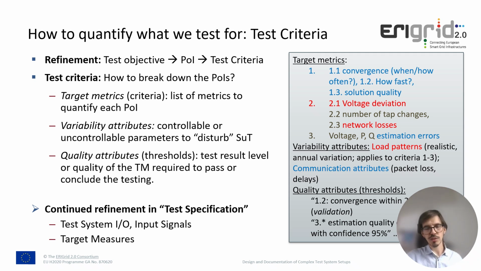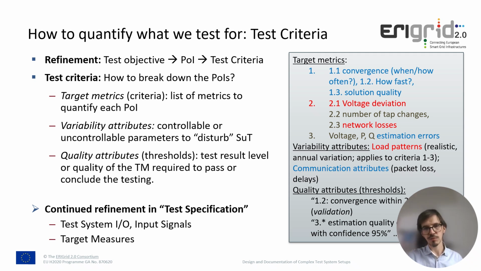Depending on what type of POI we have, especially the quality attributes will be of a different nature. For example, if we have a characterization test where we want to find out a value of a metric, then the quality attribute could be defined in terms of the remaining uncertainty of that metric.